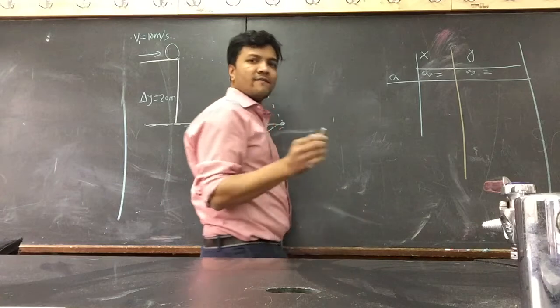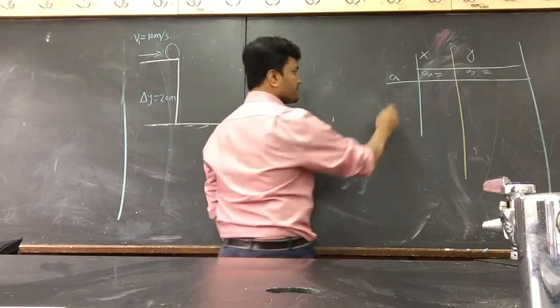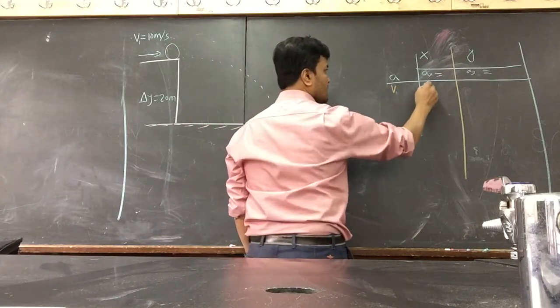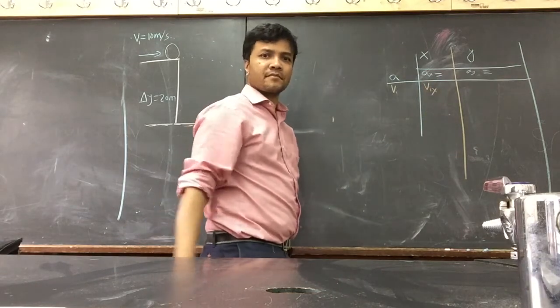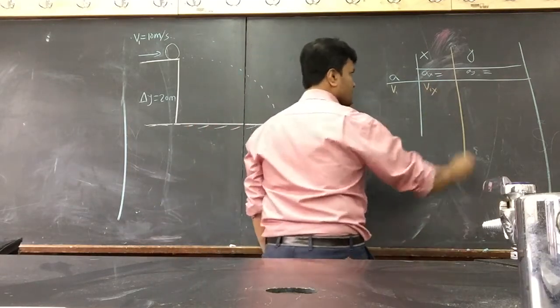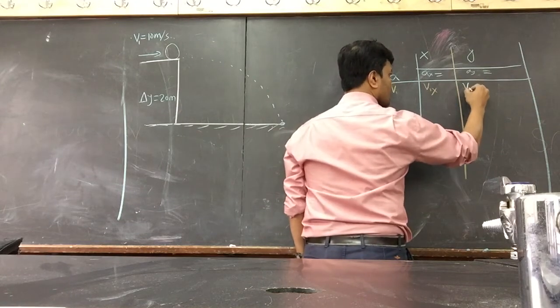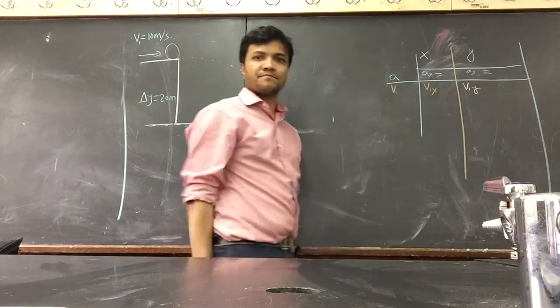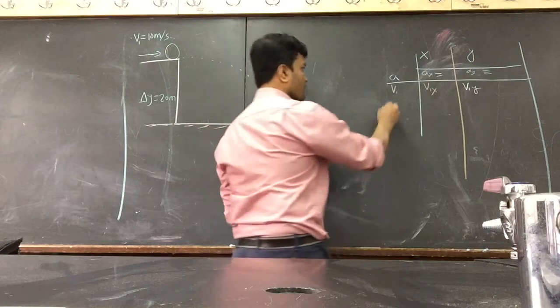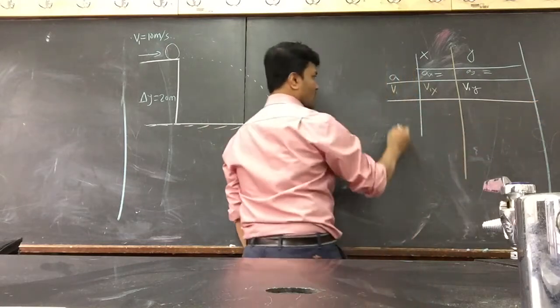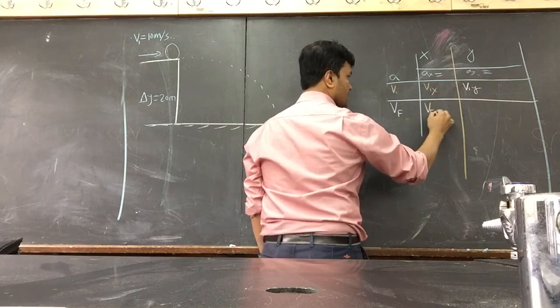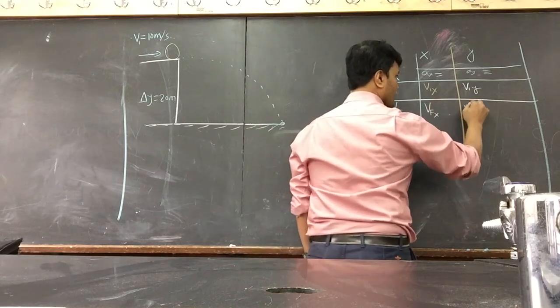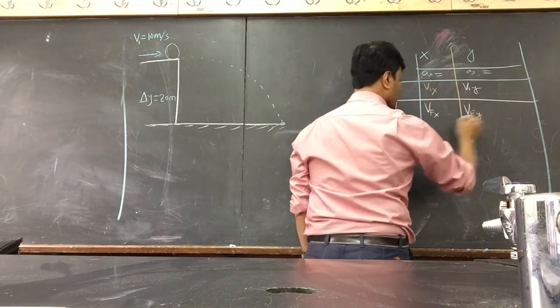I wanted to find initial velocity at x direction and initial velocity at y direction. I wanted to find velocity final at x direction, velocity final at y direction.